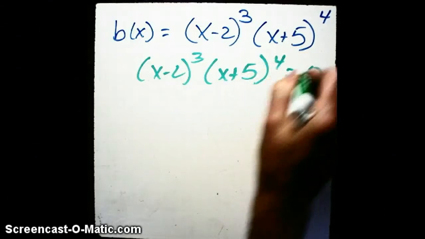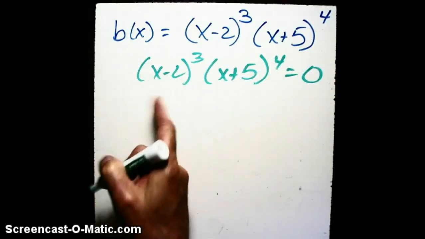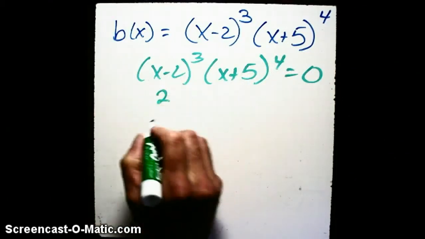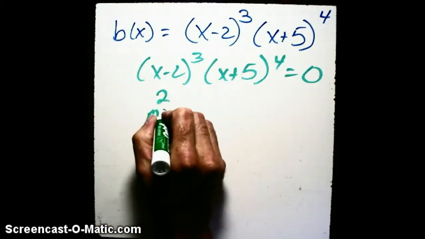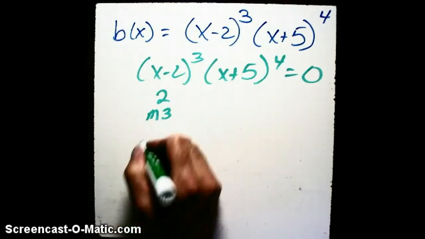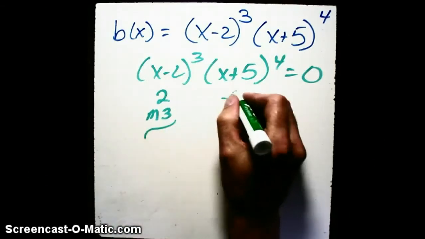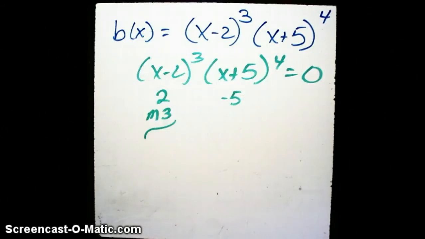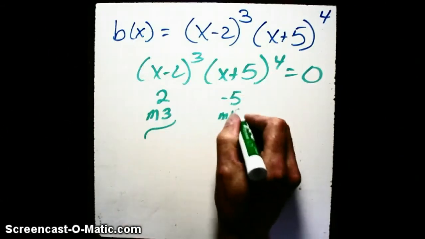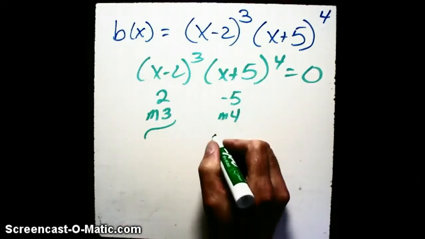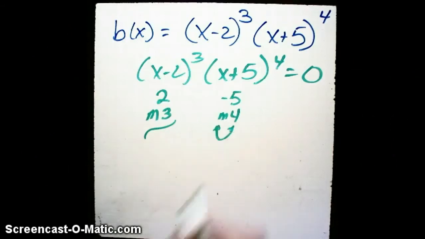We want to set that equal to 0. Well, now we know this 0 is 2 with a multiplicity of 3, which means it crosses the x-axis. This has a 0 of negative 5 with a multiplicity of 4, which means it turns, okay, at the 0.